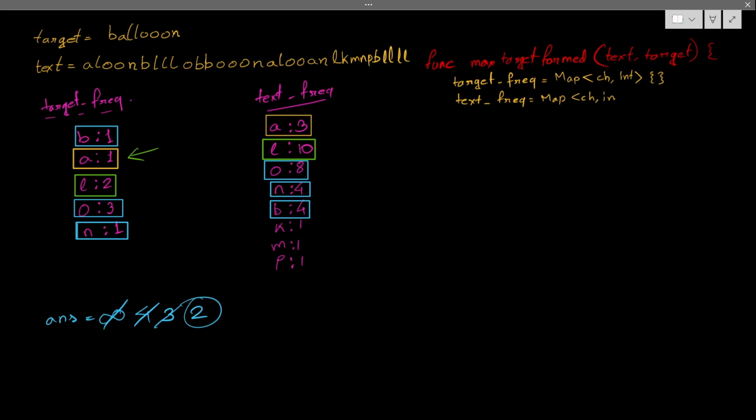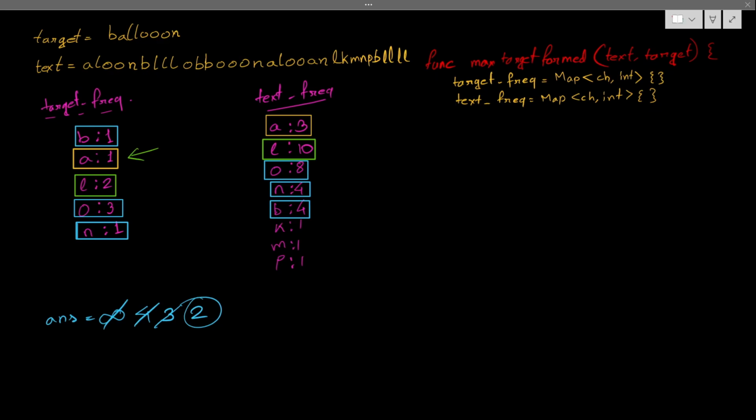After that, I need to calculate the frequency of each and every case. We can iterate over each and every character of the target and each and every character of the text, and simply do plus plus.